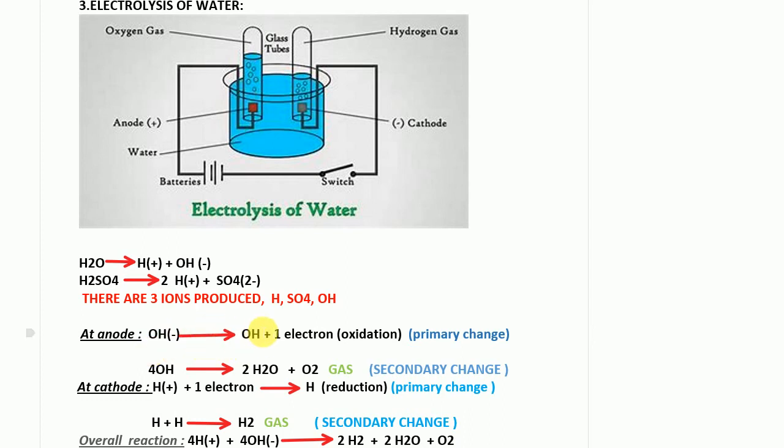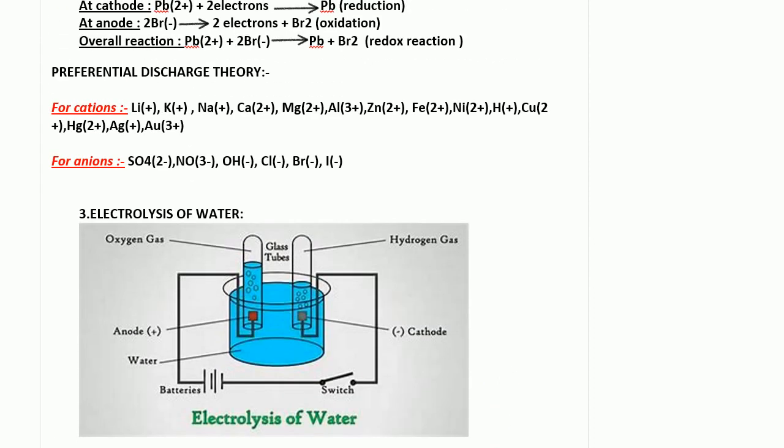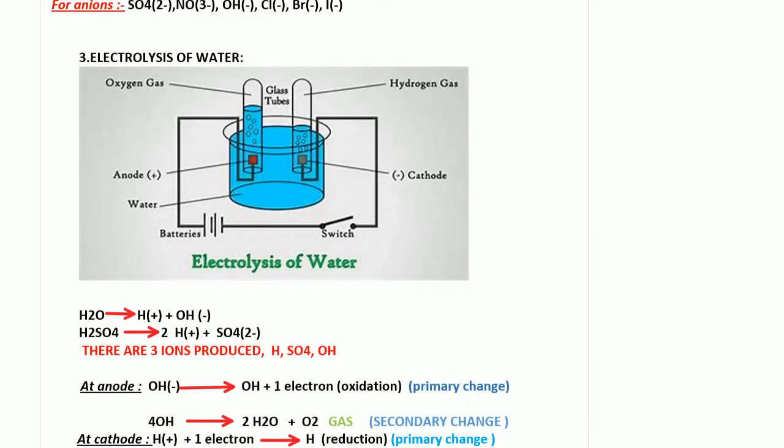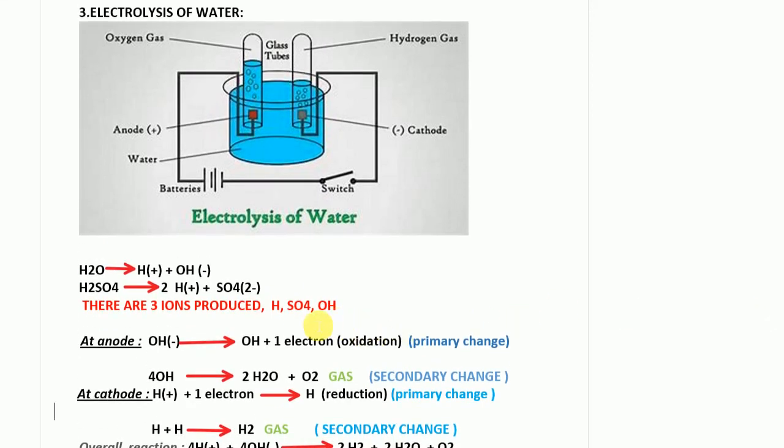We have 2 anions present over here, OH minus and SO4 2 minus. Which of them is going to get discharged? Now we will refer to the preferential discharge theory: the one which is on the right hand side. OH minus is on the right hand side, so OH minus will easily donate 1 electron. So in the electrolysis of water, SO4 2 minus will come after OH minus.